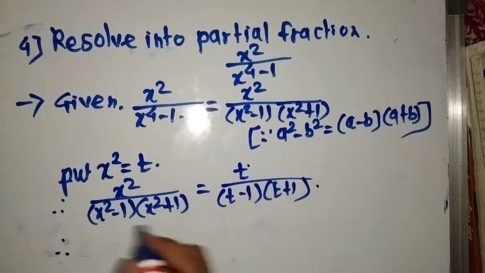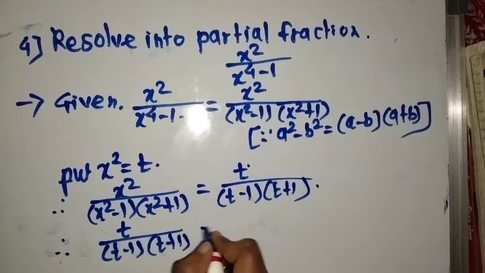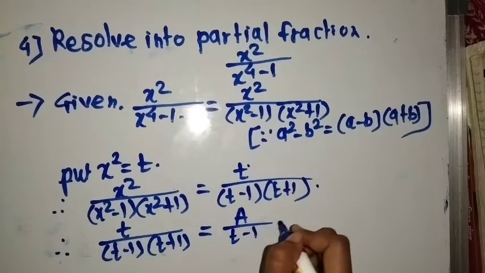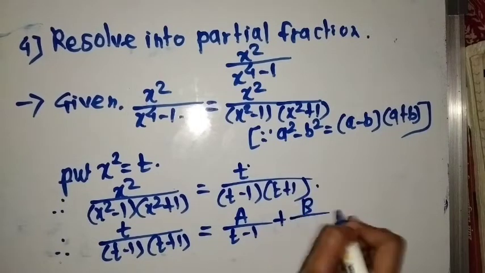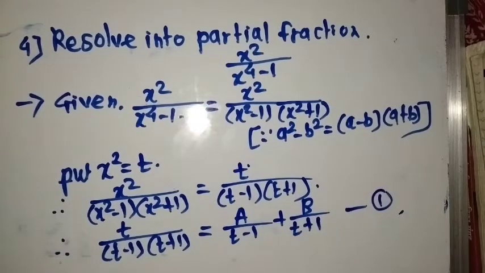Hence we get this fraction t upon t minus 1, t plus 1 is equal to a upon t minus 1 plus b upon t plus 1. This equation is first equation.